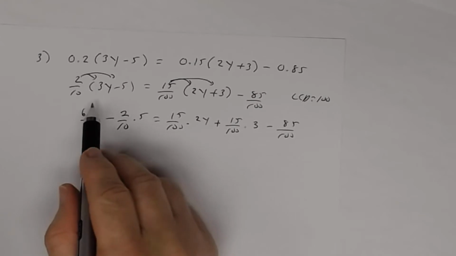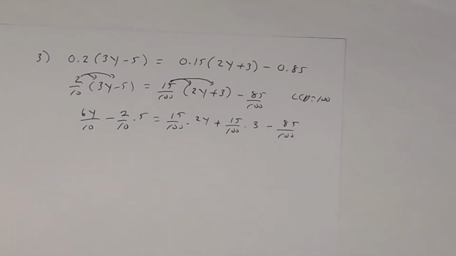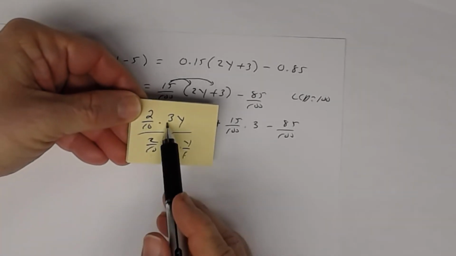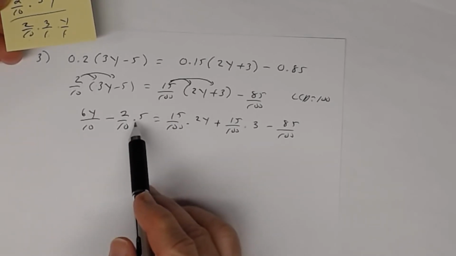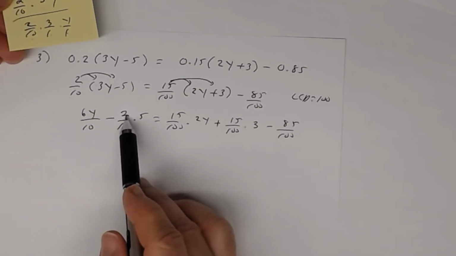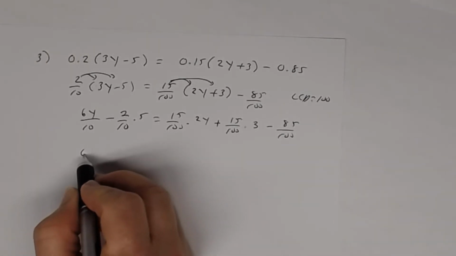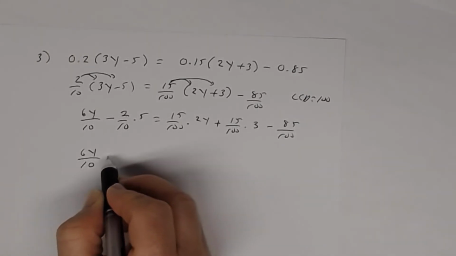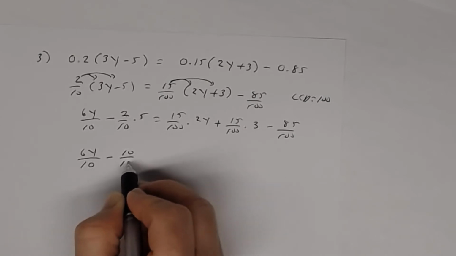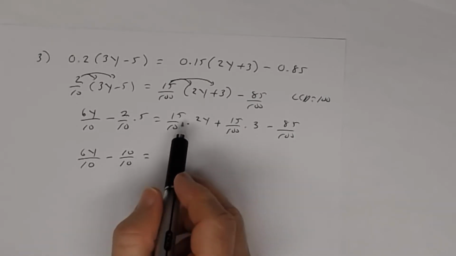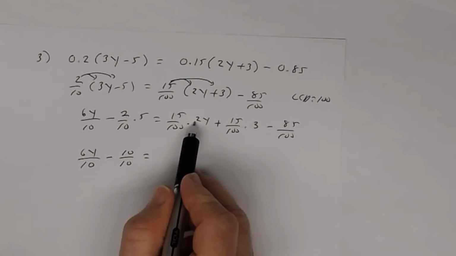Okay, now just like we did with this right here, think about this right here. So remember, this is over 1, right? So that's 2 times 5 is 10, and then 10 divided by 10. So write it out. Say 6y minus 10 divided by 10 equal, same thing here, 15 times 2 is 30.